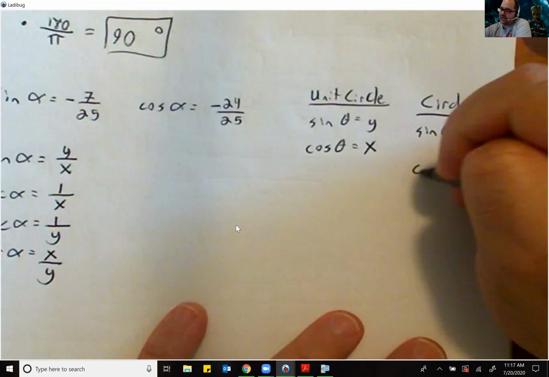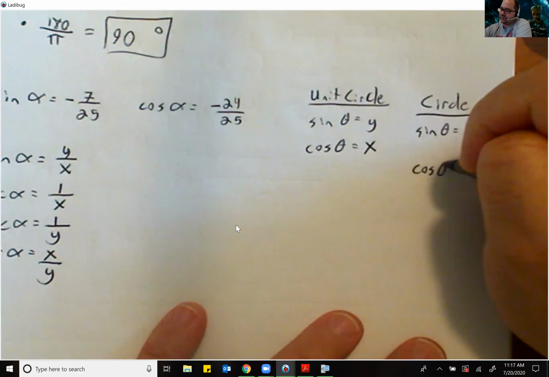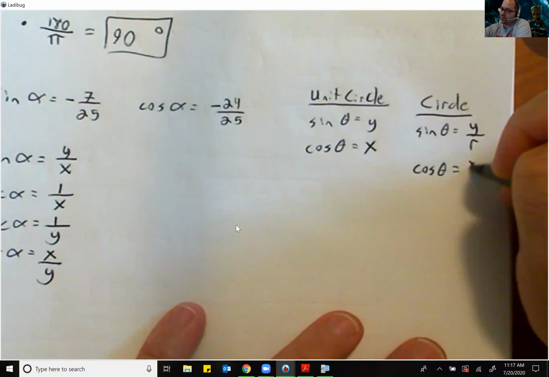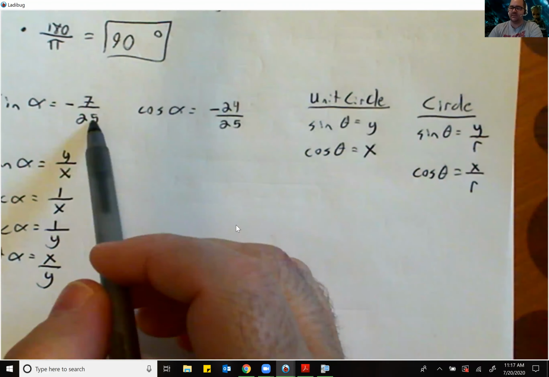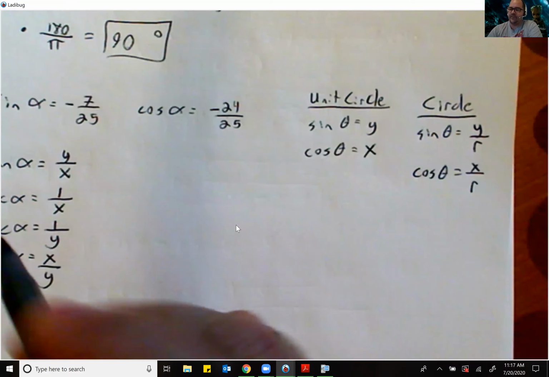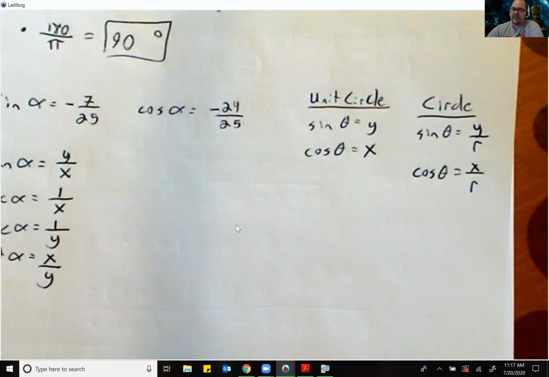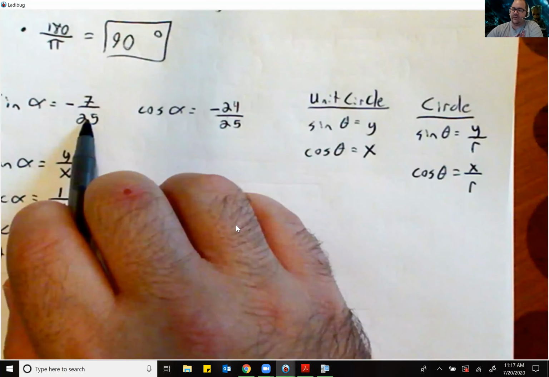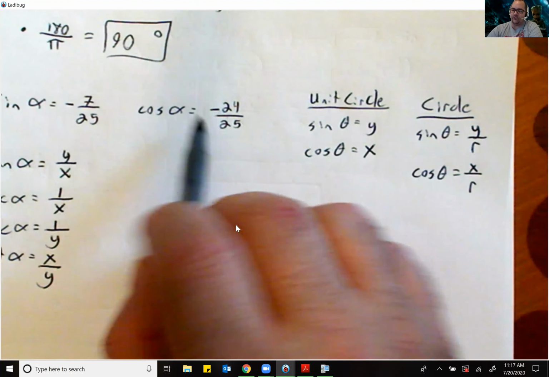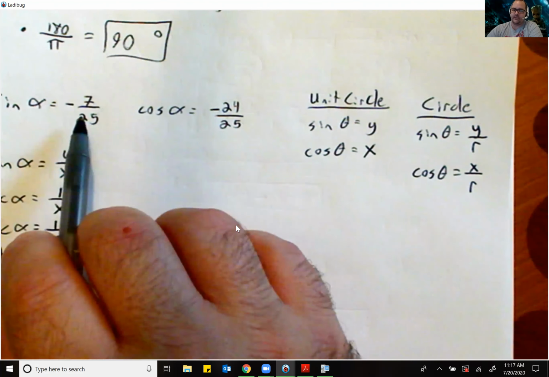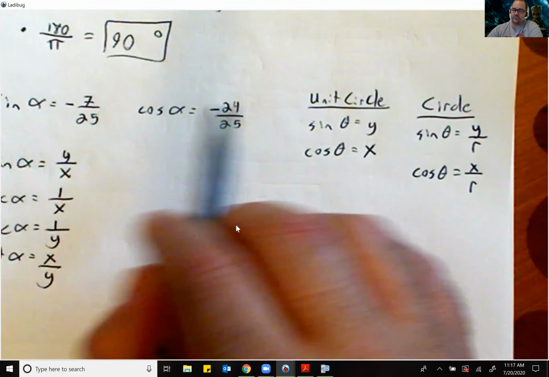And cosine theta is equal to x over r. So you could treat these as those two pieces, okay? So you could either think of this as the variable y, or you could think of this as y over r, okay? And the same thing over here.